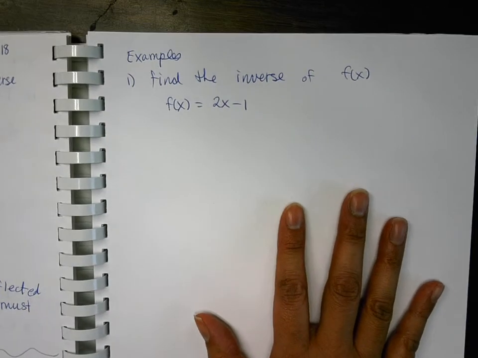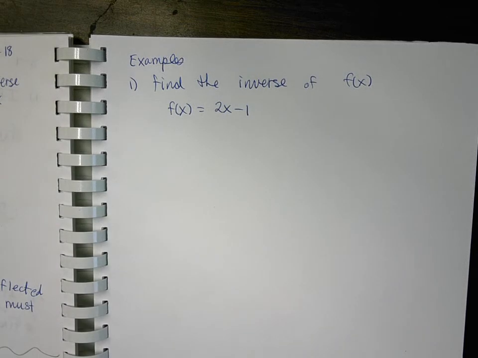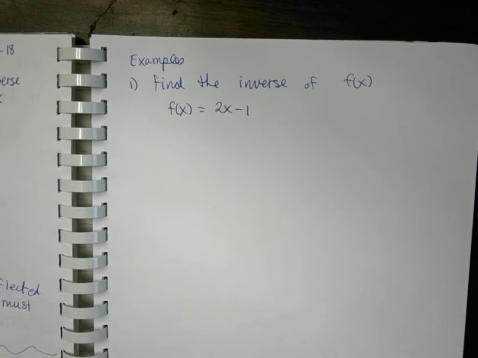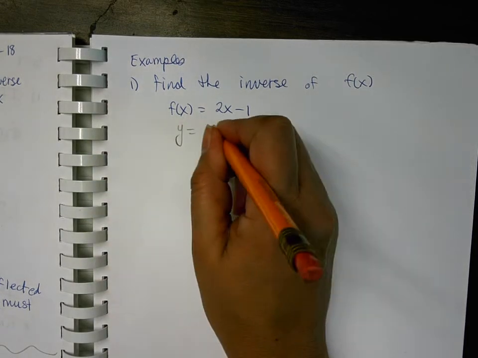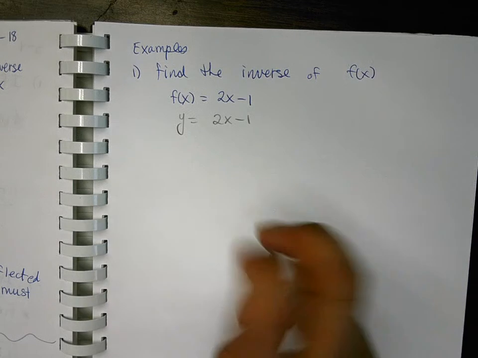Alright, and we are going to add more to this problem. Before I do, let's just work on finding the inverse. What's step 1? Change f of x to y. Y equals 2x minus 1.